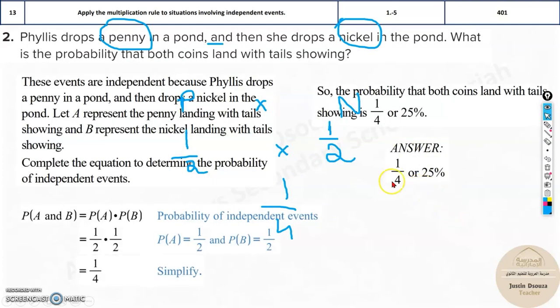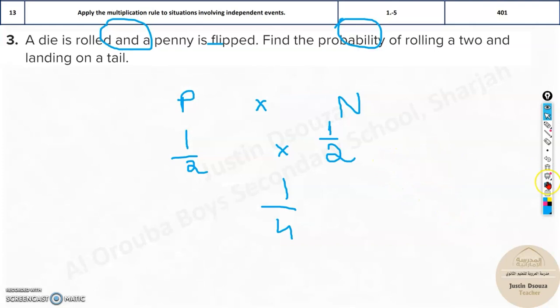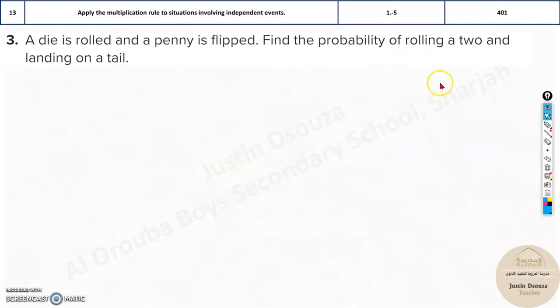That is the answer. We have to do the same type of problems the same way. We'll just quickly go through these. A die is rolled and a penny is flipped. Now over here, a die has a total of 6 possibilities, and a penny is a coin, that is 2. Find the probability of rolling a 2 on the die.